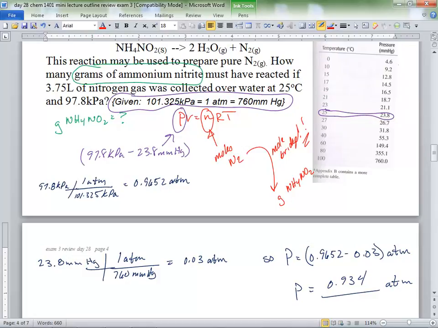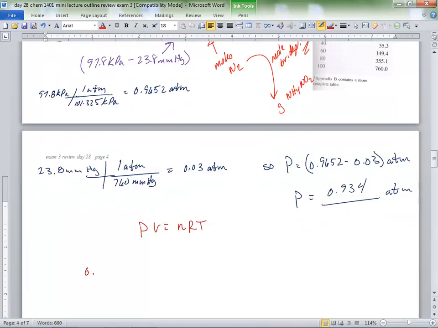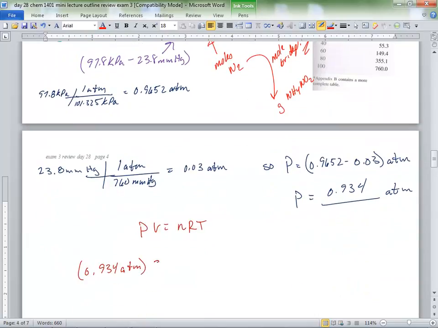Once you get the right P, then you're ready to plug it into PV equals nRT. V was 3.75 liters. Trying to find little n.